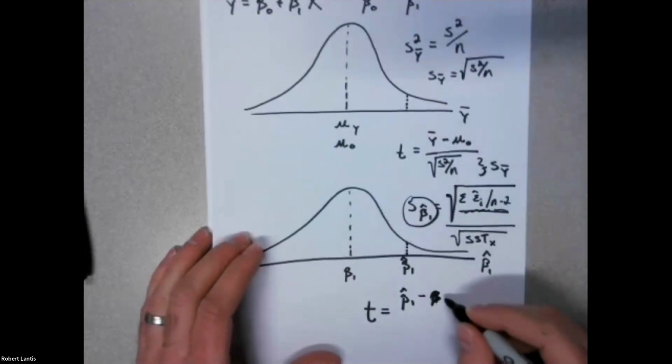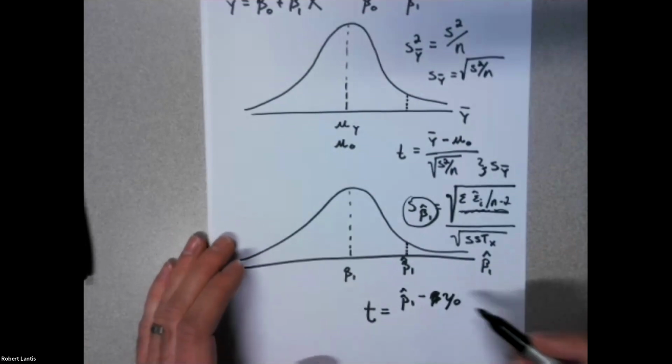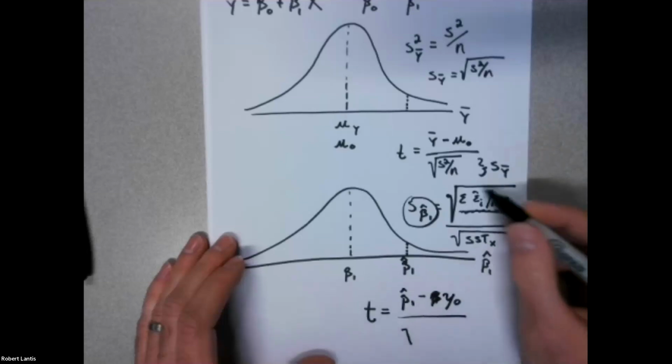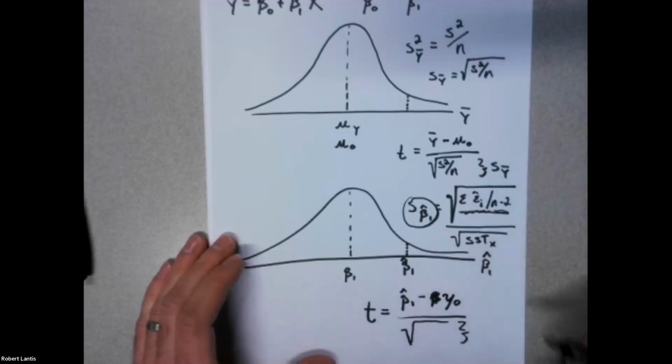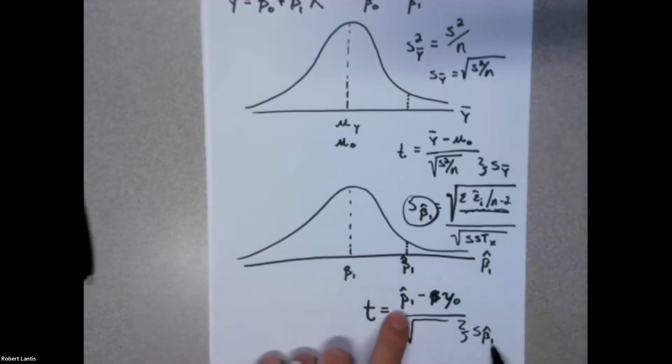So instead of beta, we'll just write this as gamma. So this is going to be our assumed true value of that coefficient. And then divide by, well, it would be this whole thing, but instead of writing this all in every single time, just like we did before, it's the standard deviation of the statistic that I'm now looking at.